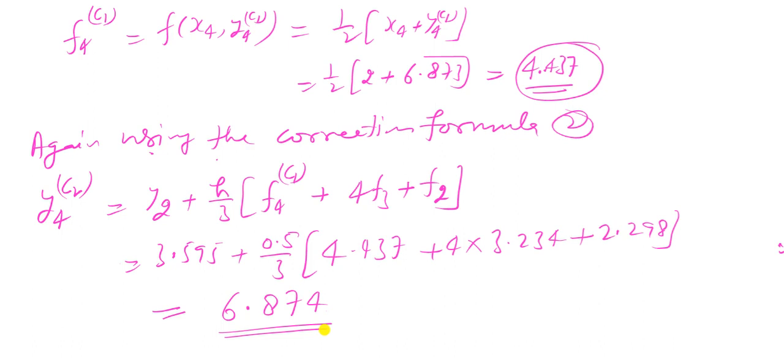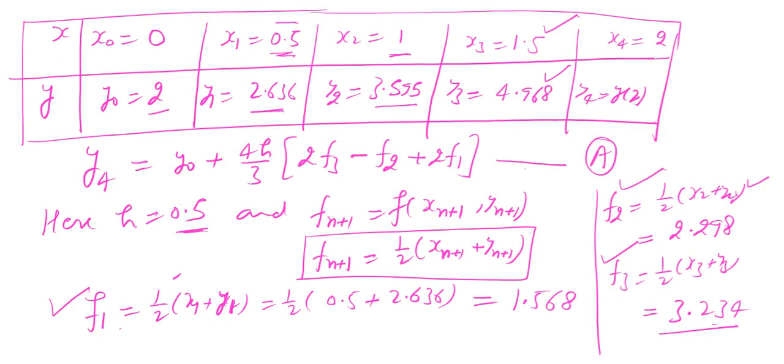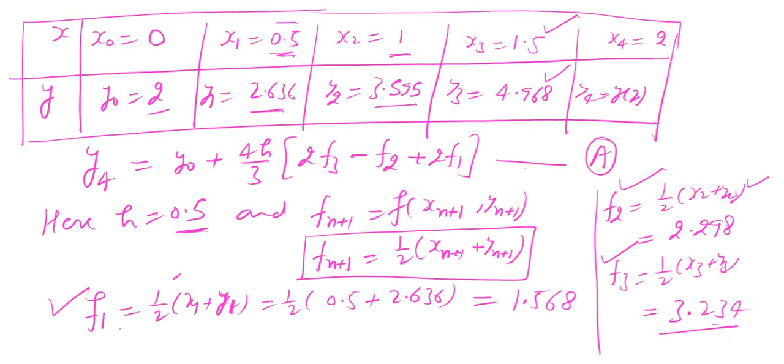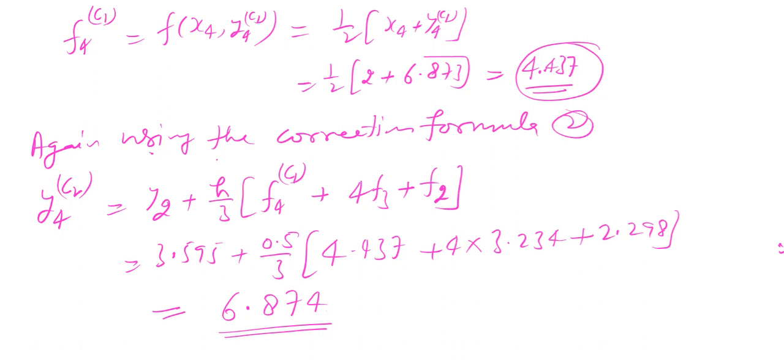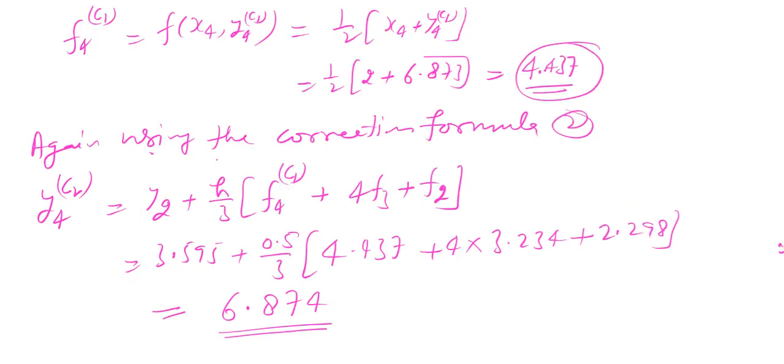Now if we compute the value of y correct to 3 decimal places, here y4 of c1 is equal to 6.873. This is the first correction in the predicted value of y, and the second corrected value y4 of c2 is equal to 6.874.